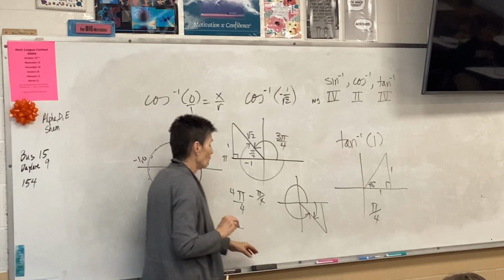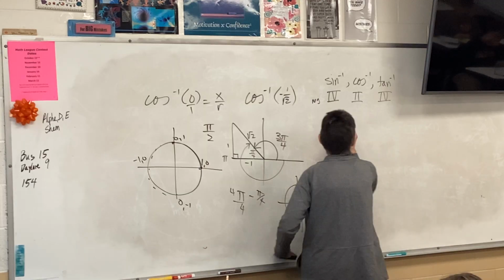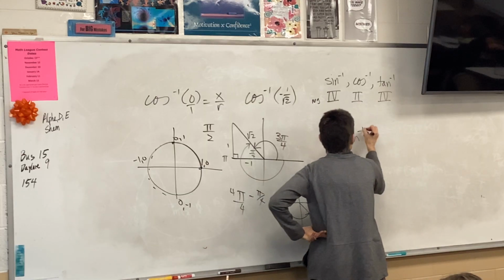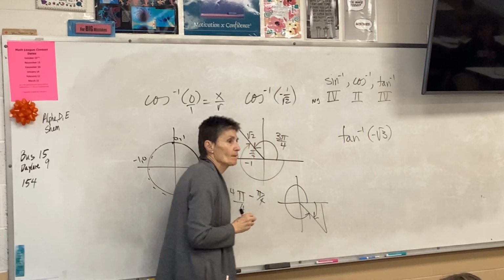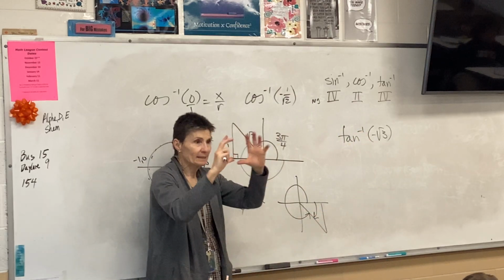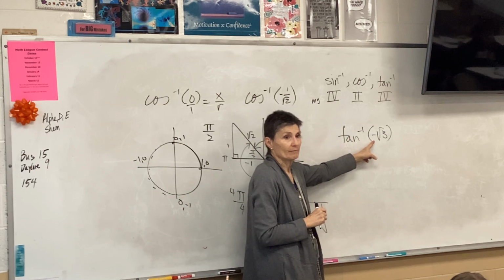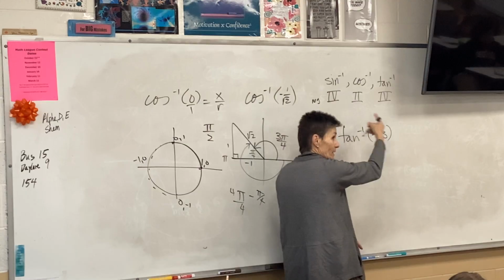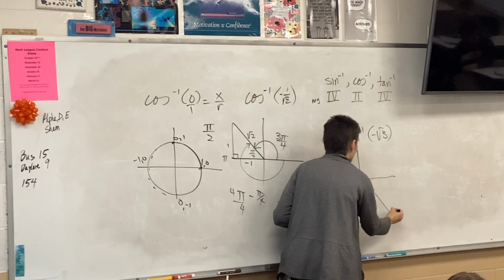All right, let's do one more. Inverse tangent of negative root 3. Okay, so the first thing to spot is that notation and a negative. So I know, because I have it written up here and I'm going to learn it, that I must be drawn in quadrant 4.